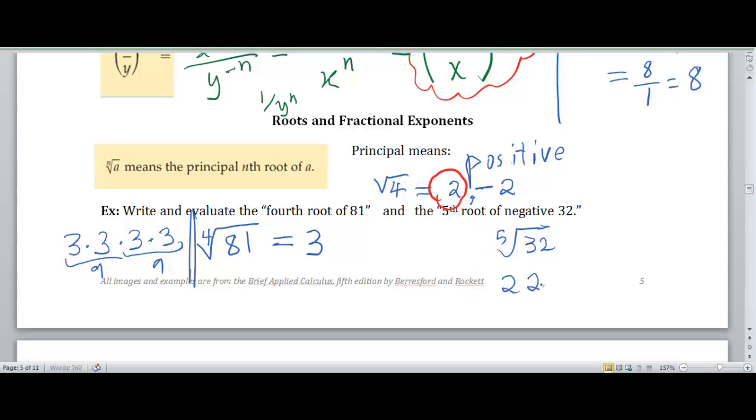So you say 2 times 2 times 2 times 2 times 2. 2 times 2 is 4, 4 times 4 is 16, multiplied by another 2 is 32. Okay, so the fifth root of 32 is 2, because you had to multiply 2 five times to get 32.